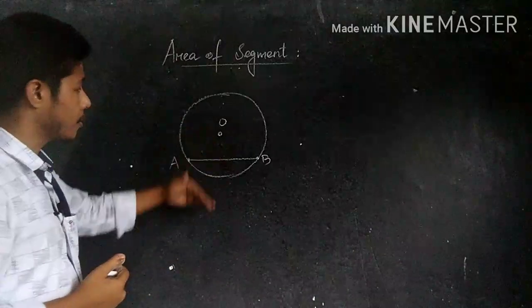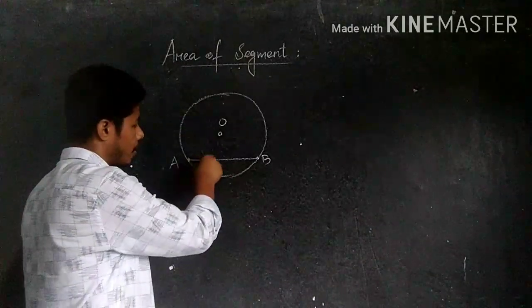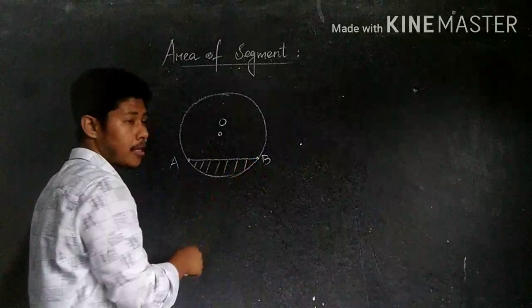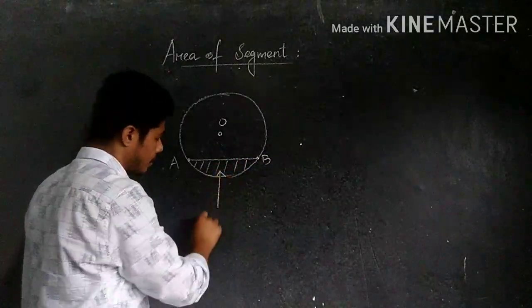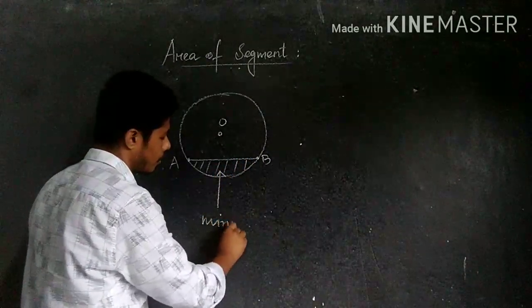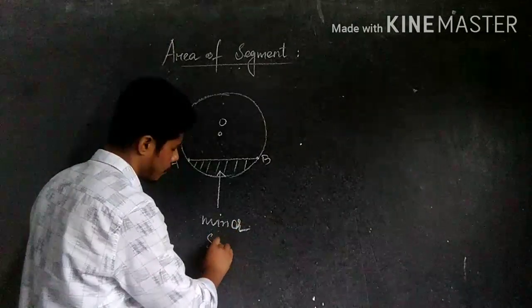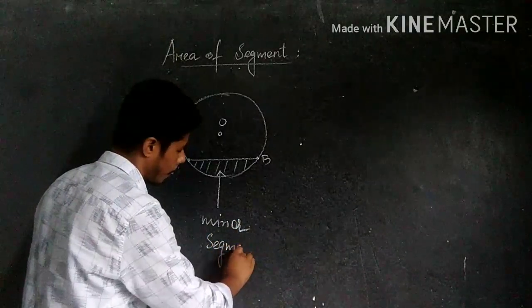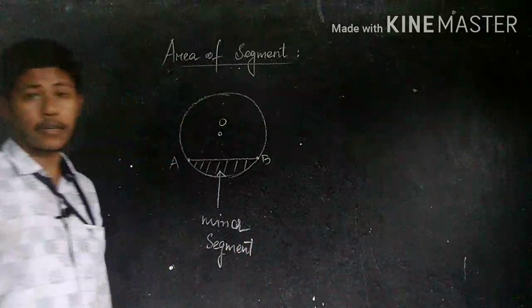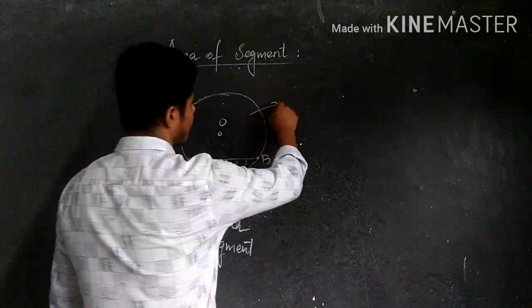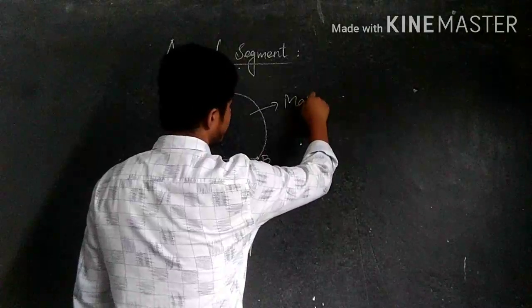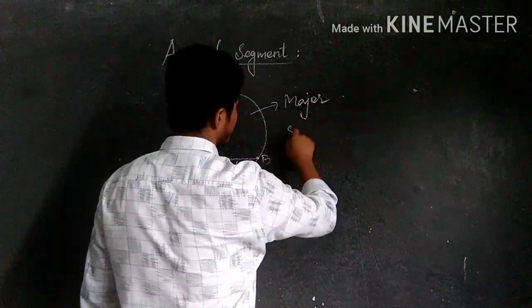With respect to this chord, the smaller part is this one, is it not? This one is known as the minor segment. Is it clear? And the bigger part is known as the major segment.